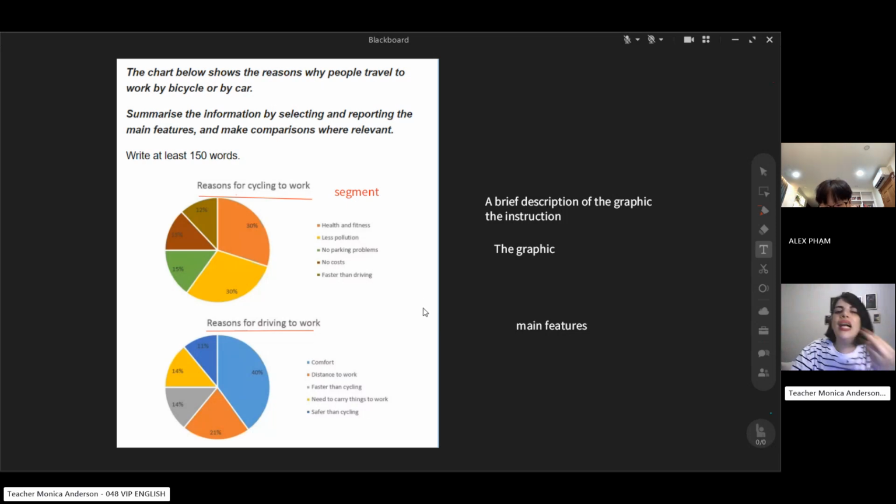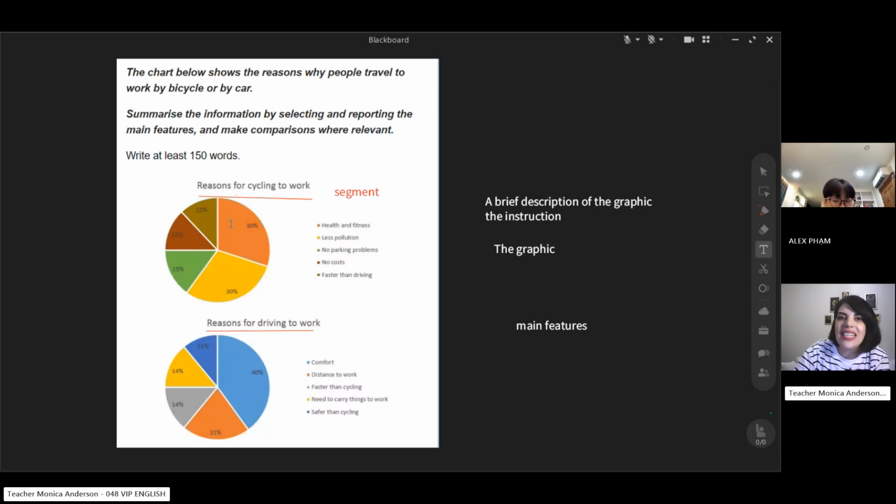Okay, well, as you remember, we discussed some questions when finding our main features. For example, what are the units of measurement? So we need to know, or time period, if there is, or we can learn from title and labels.